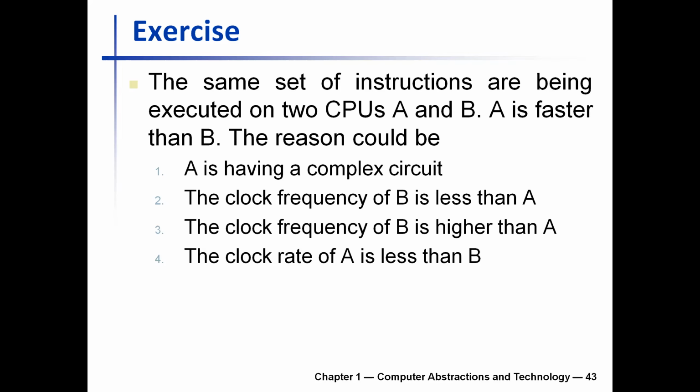A having a complicated circuit, could it be a reason for A to be faster? Adipa says yes. Adipa, can you explain your answer? Why could it be a reason?